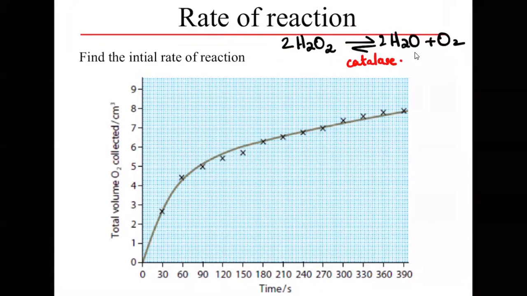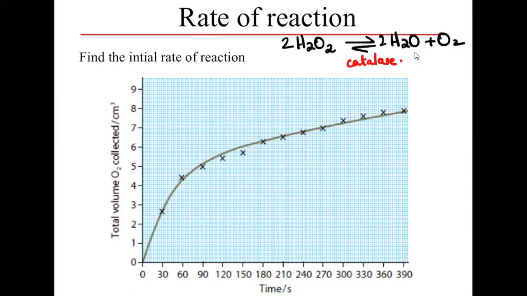Catalase has a very fast rate of reaction: it can break down millions of molecules of H2O2 very rapidly into water and oxygen. So H2O2 is poisonous, and water and oxygen are very harmless compounds. So this reaction happens inside our body, right?